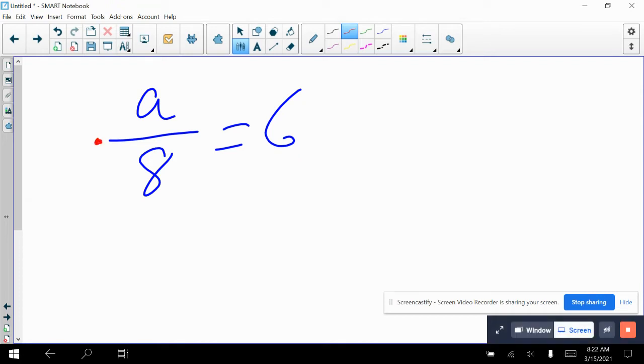So here's what you do mathematically. Any whole number is over 1, right? So we can't just multiply it by 8. Remember, there is an imaginary 1 here. So we have to take the reciprocal of 8.